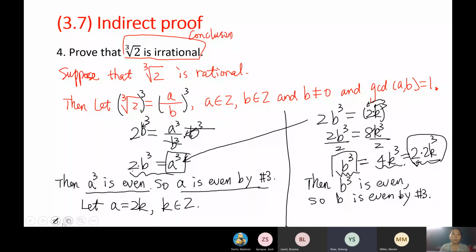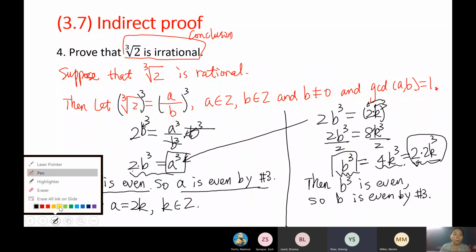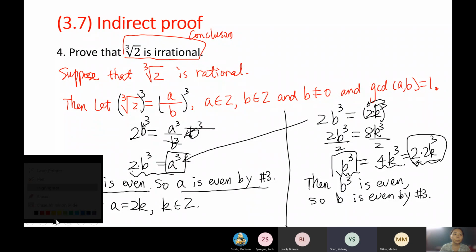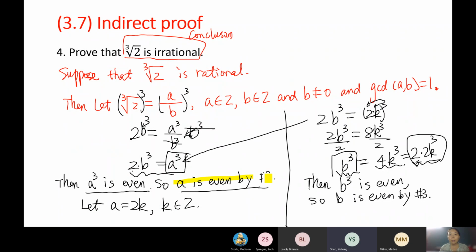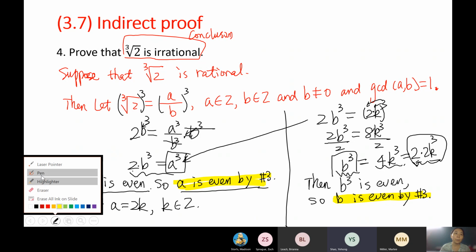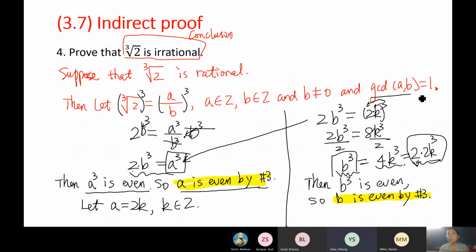Okay, so now we are looking at, let me highlight these two here. We know a is even, we know b is even. That's when we get a contradiction. Because when we picked the fraction, we made sure they don't have anything in common except 1. But now if they're both even, then a and b have a common factor 2.